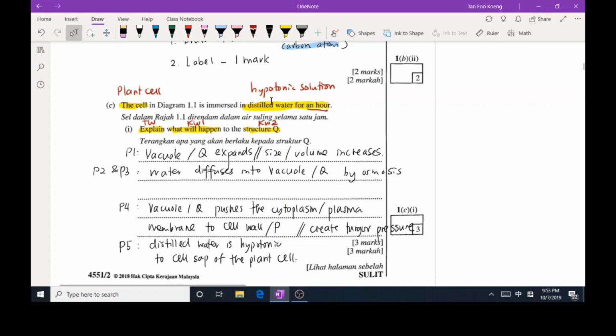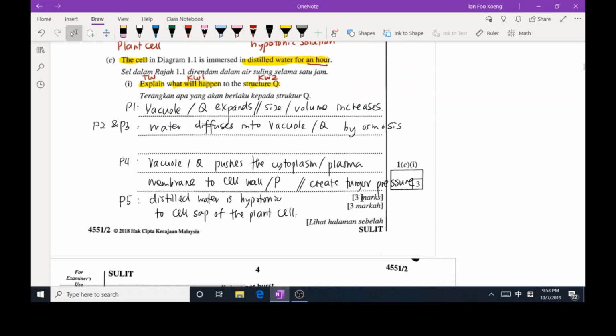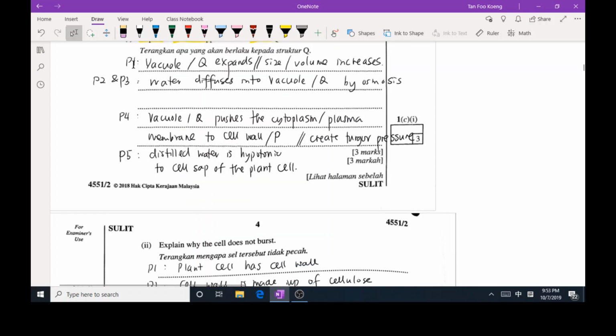Because if distilled water is not hypotonic to it, water is going to diffuse out of the vacuole, causing the vacuole to shrink. But in this case, distilled water is hypotonic to cell sap, so that's why water diffuses into the vacuole, causing the vacuole to expand. All right. So 3 marks. Okay, basically in SPM, there will be more than 3 points, or three possible accepted answers.